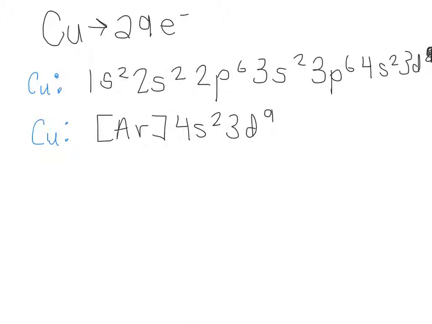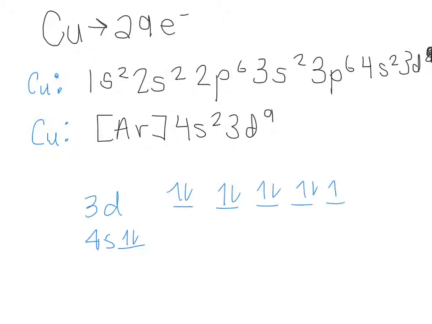So, what does this actually look like? This looks like, here's our 4s. Okay, so what they've actually found is that one of these 4s electrons actually goes into the 3d orbital.